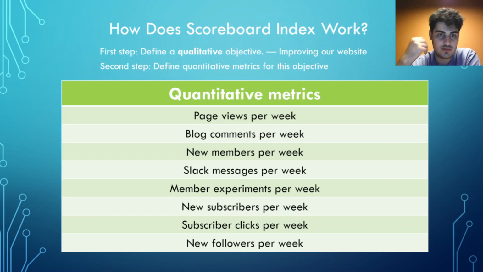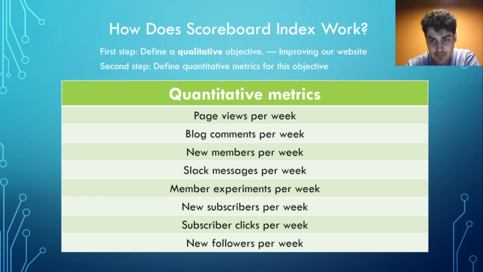To use scoreboard index, first of all, we have to define a qualitative objective. Let's say it is improving our website, which is a subjective objective actually. But like it is qualitative, so it doesn't have numerical data.